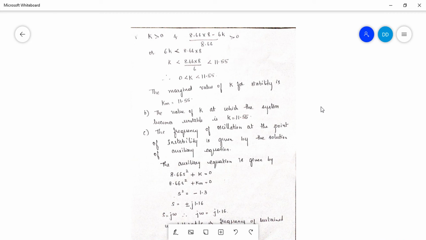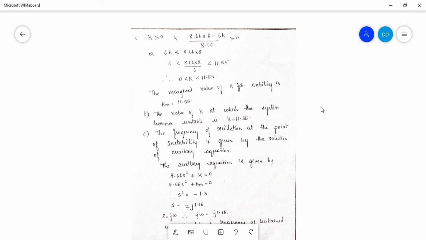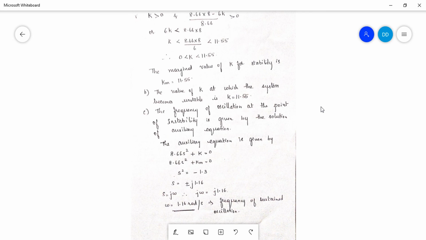So the k value lies between 0 and 11.55. So if k exceeds 11.55, then our system will be unstable. So 11.55 is the critical value, or the marginal value of k for the system to be stable.